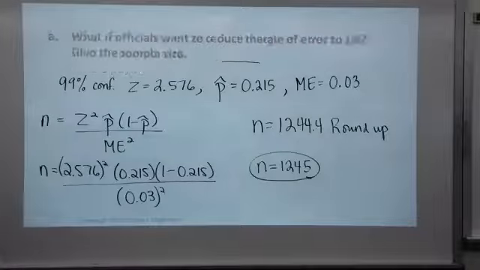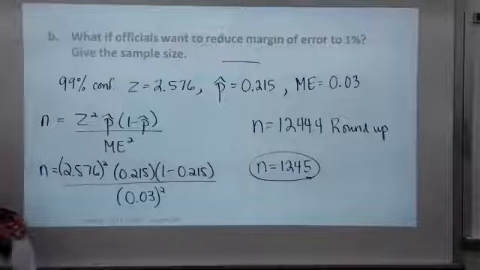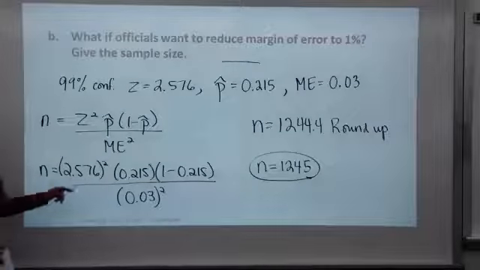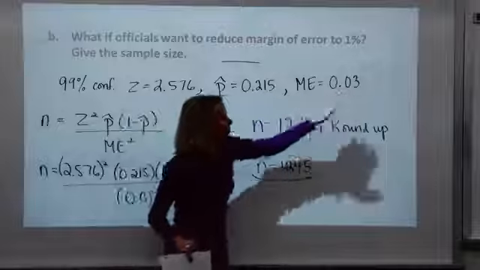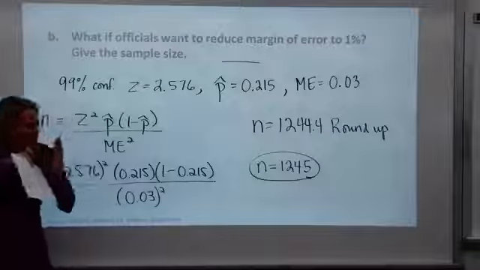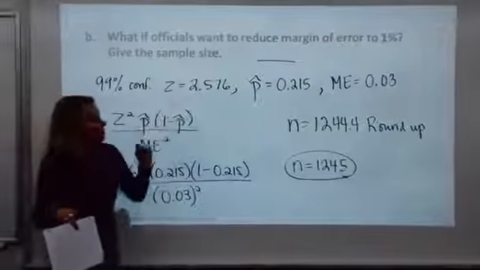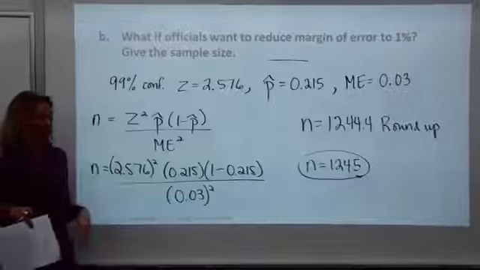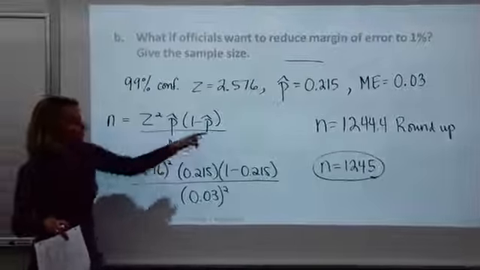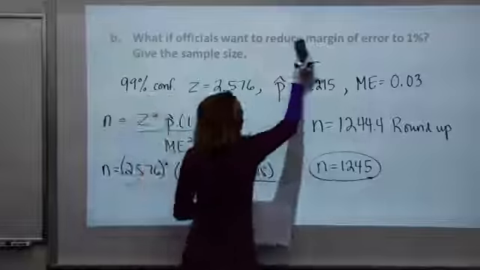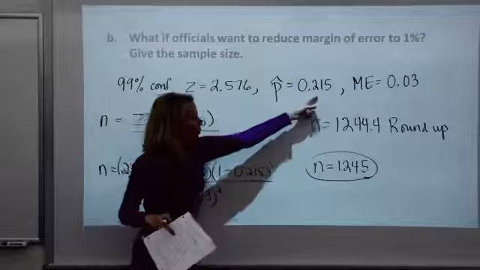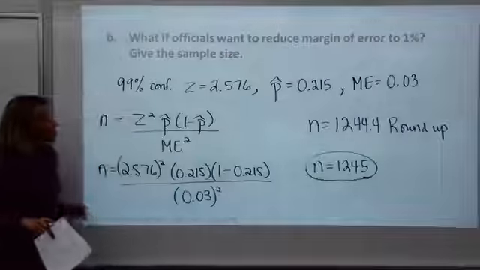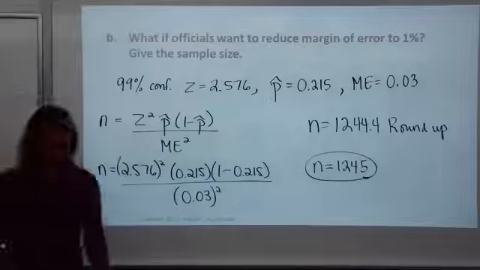What if officials want to reduce the margin of error? They weren't happy with the 3% margin of error. They want a really precise interval. They want to reduce the margin of error to only 1%. We're still going to use that Zillow value of 21.5%, but we're going to reduce the margin of error.